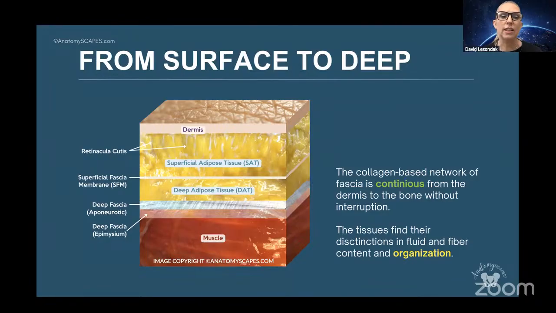Going deep to that surface of the superficial adipose tissue, there's another layer that I re-emphasize by drawing a line. We call that the superficial fascia membrane proper. And this really is a division of the fat. Above, or superficial, you have the superficial adipose tissue. This is so strongly anchored to the skin. Below it, you have another layer of adipose tissue, but it has more flexibility, more glide, it moves in relationship to the muscles.